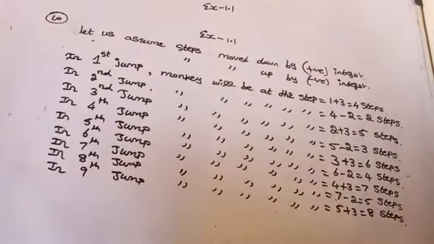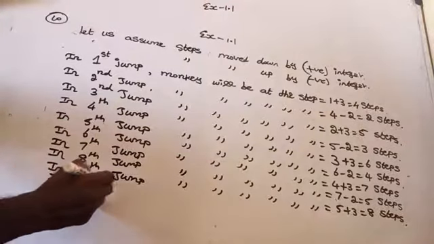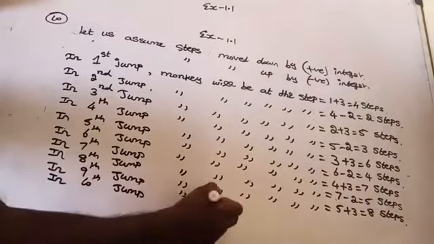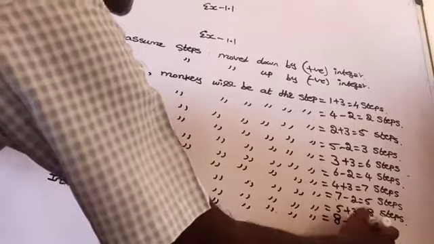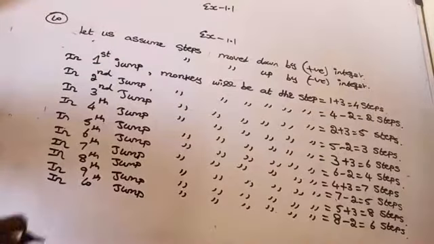Now what is the level of the water? Yes, again coming to the question now. I think the water level is at the 9th step. Yes, the water is at the 9th step, so we have to proceed more. In the 10th jump, the monkey is at step 8, it goes 2 steps up, then 8 minus 2, 6 steps now.